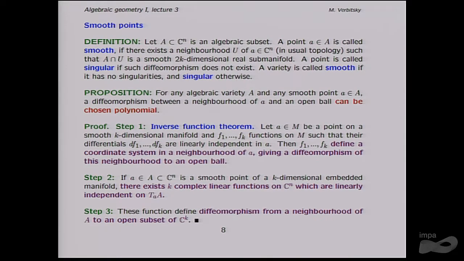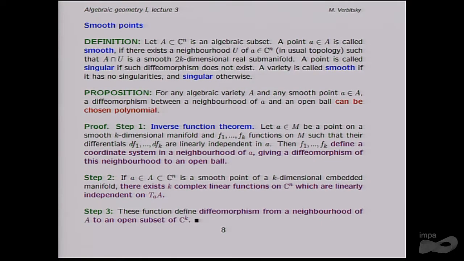I think next time, so how many of you know the proof of the inverse function theorem? It's about half. Well, I will try to do it next time, and very quickly.